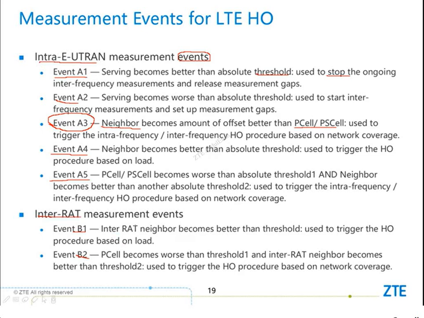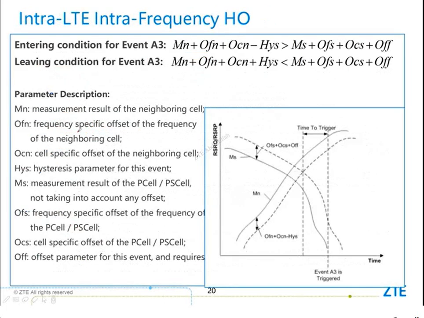And I also mentioned normally we are using A3, right? So now we can see event A3 in more detail. In event A3 we say that if the neighbor cell's quality is better than the serving cell quality, the UE will be handed over.